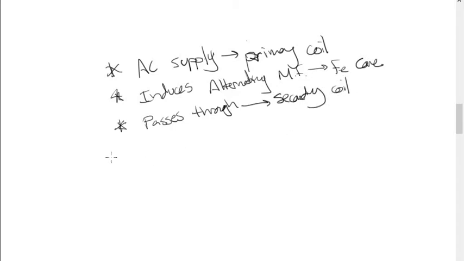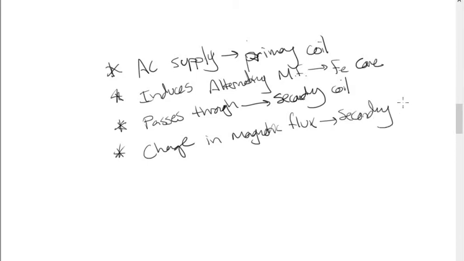Then what happens? Then this causes a change in flux of the secondary coil. Do you get it? Change in magnetic flux in the secondary coil. Do you get it?